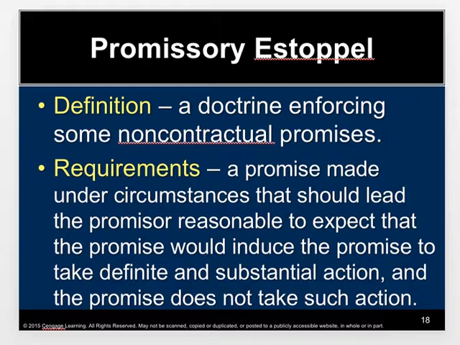Hold on, there are lots of spelling mistakes here, which actually changes the wording. The definite and substantial action. Let me reread this for a second. At the very bottom, it should be, and the promisor, which is the person making the promise, does not take such action. So let me give you an example of promissory estoppel.